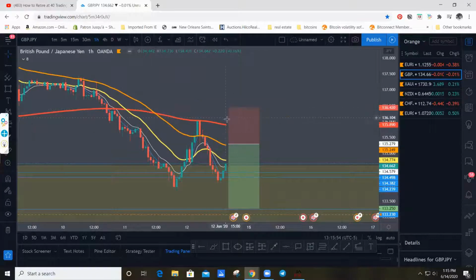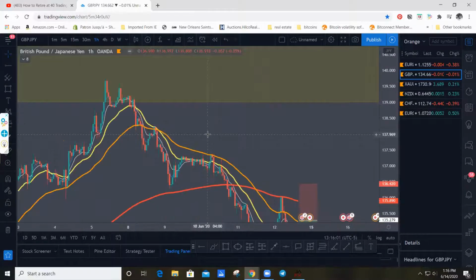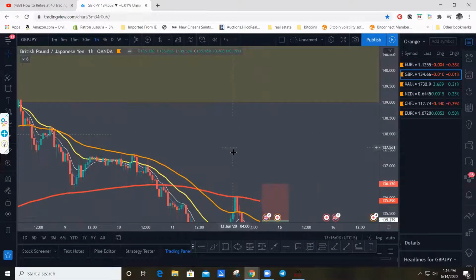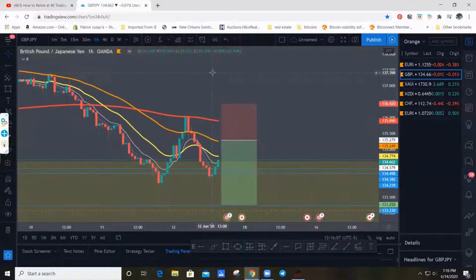If price doesn't reject that and it comes back and retests it, then I look to take it to the upside back to this area. I'm probably just going to wait to see how it reacts to those moving averages before I decide whether it's a buy or a sell, because it is at a key place right now.